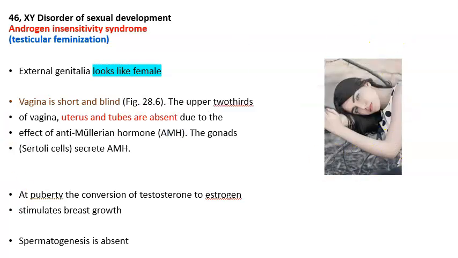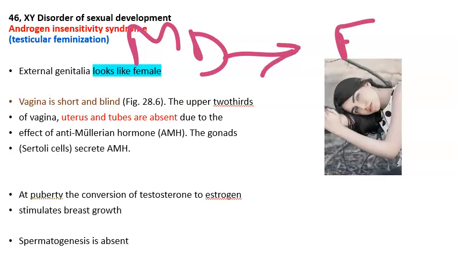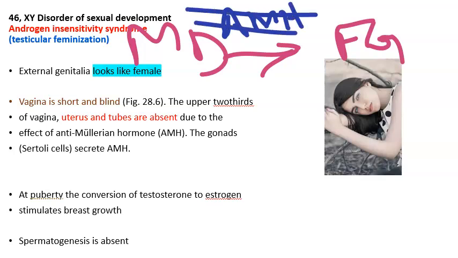So what happened in the baby itself when born? The Mullerian duct will give the female genitalia because there was no AMH. Because there was no AMH to stop this guy. So no anti-Mullerian effect was there. So the Mullerian duct gave the female genitalia.